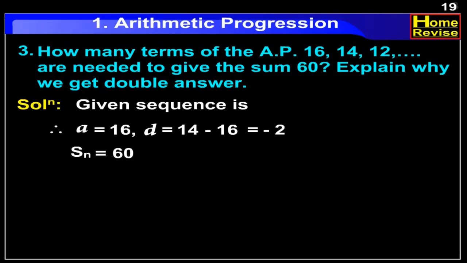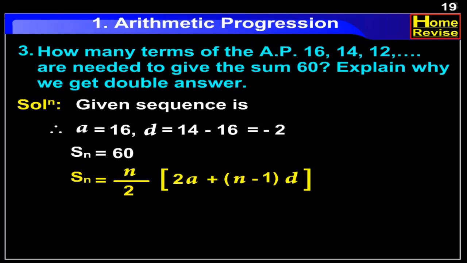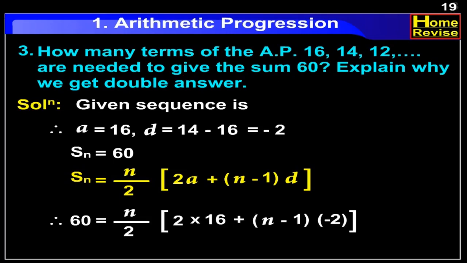Now using the formula, Sn is equal to n upon 2 into (2a plus (n minus 1) into d). Substituting the values, we have 60 is equal to n upon 2 into (2 into 16 plus (n minus 1) into minus 2).